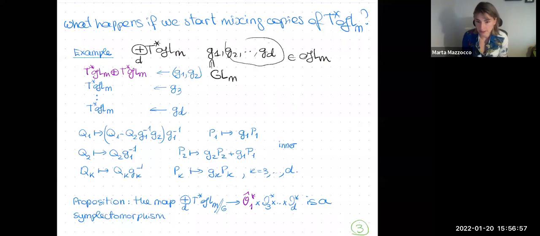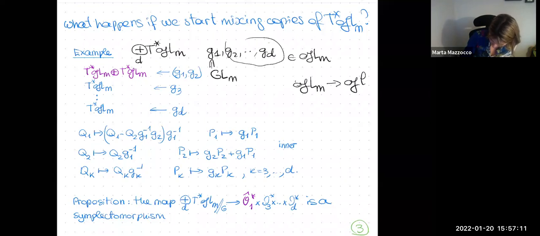So now, a little bit less mystery, let me perhaps say this. What I'm doing really is to replace my GLM by a loop algebra and then doing a truncation. So for example, in this case, I'm truncating all the currents to the second order.